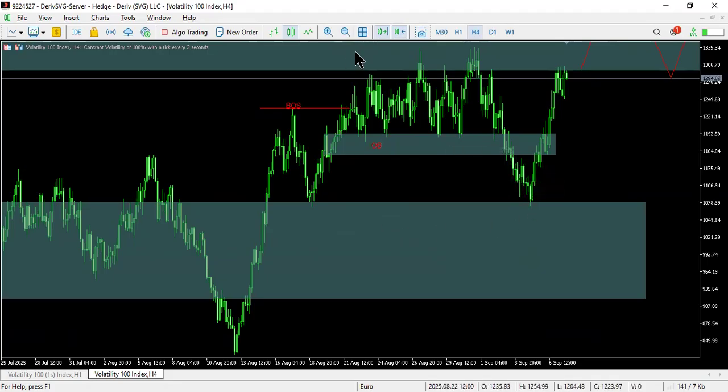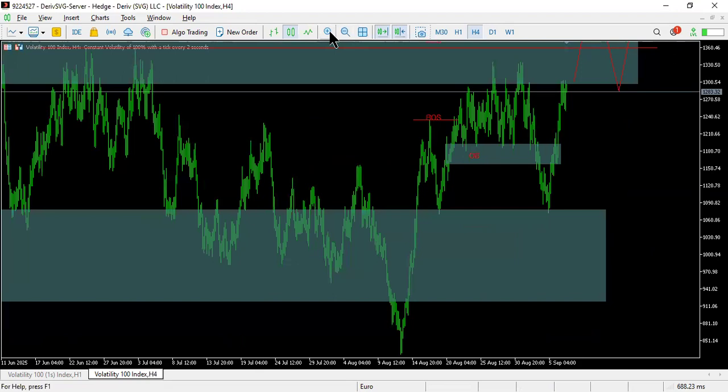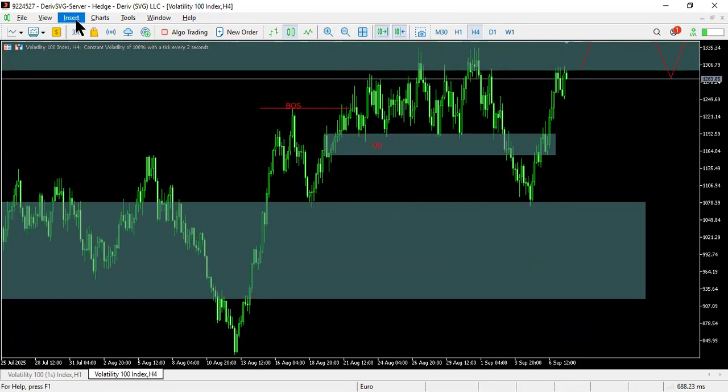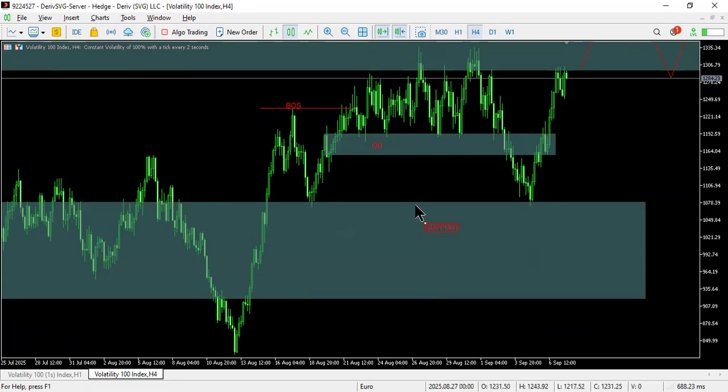Instead, it came back to this demand zone from the weekly time frame, which I'm now going to call support. So that is our support. It looks like we are getting some rejections, looking like price is still coming back to this level before it continues.